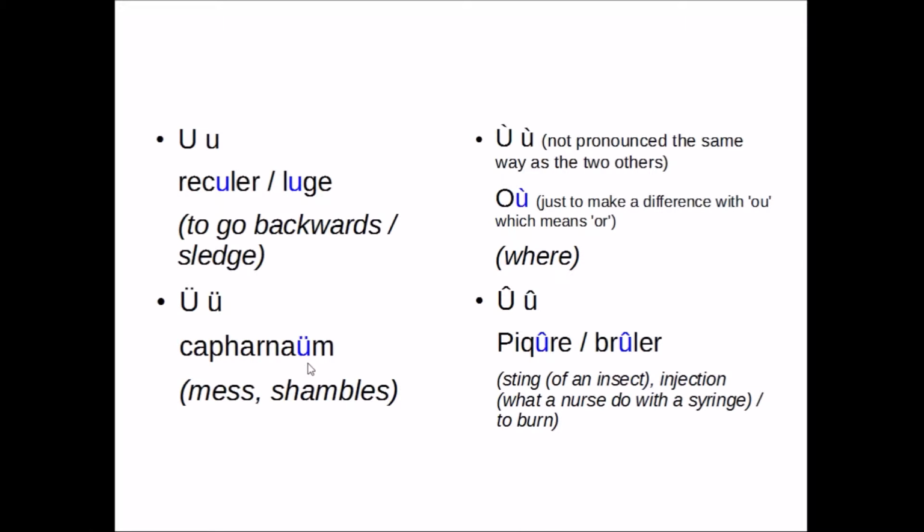And this tréma here, so the accent here is here to remind us that we have to pronounce the A and the U separately. So we don't say Capharnaum, we say Capharnaüm. Alright, so it's like naif, remember?